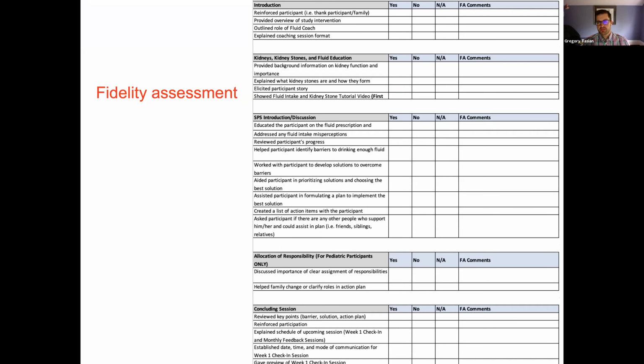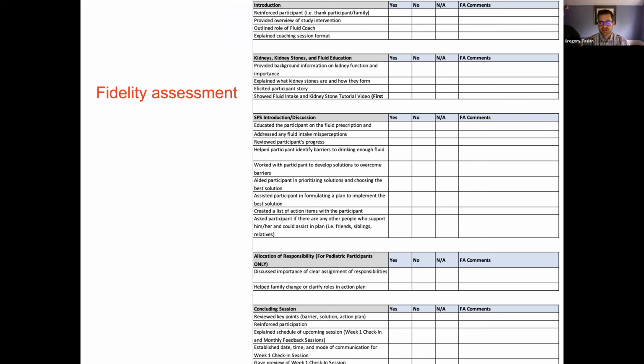I think this is one of the most important parts of structured problem solving, in that it assesses each of the components of structured problem solving, but does so in a qualitative or semi-qualitative way to make sure that the coach is creating an environment in which the participant can develop these solutions in a very safe space and in a supportive way.